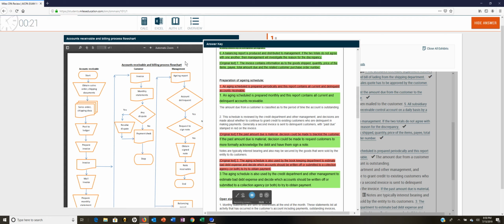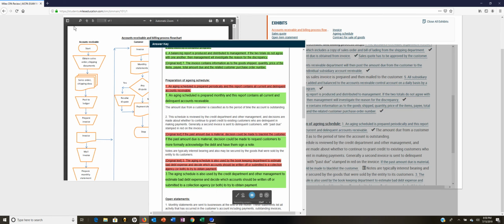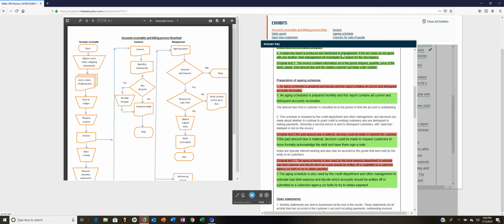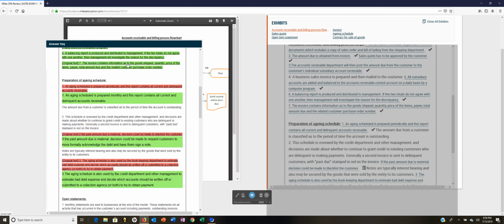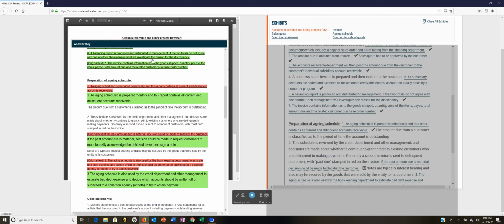Now, I didn't see from the chart here that it said monthly, but if you look back at the aging schedule, you remember that it was broken out by monthly. So we really should have, that was a pretty strong indication there that generally it's done on a monthly basis.